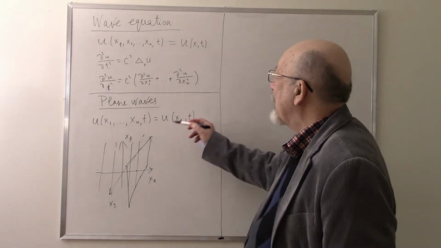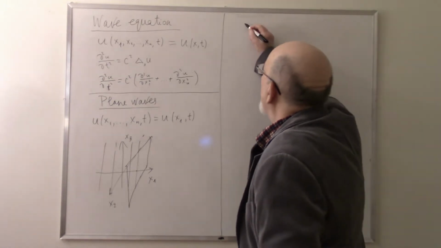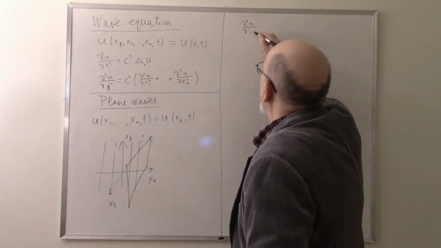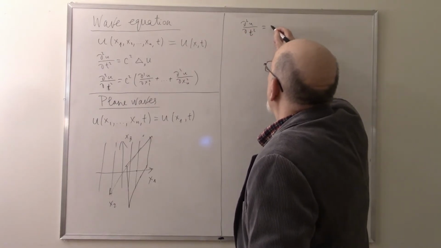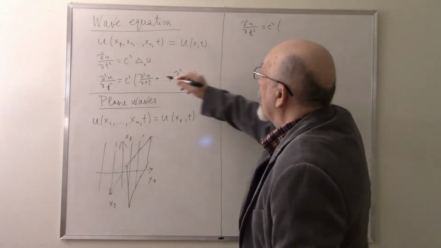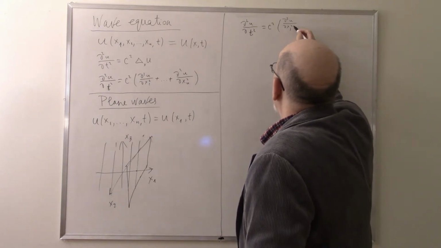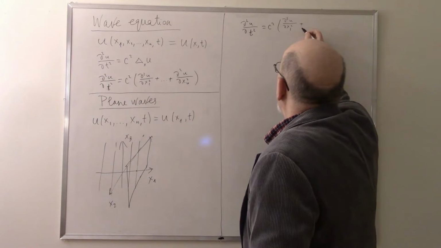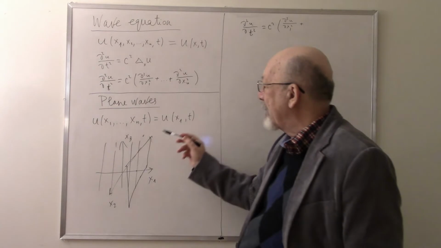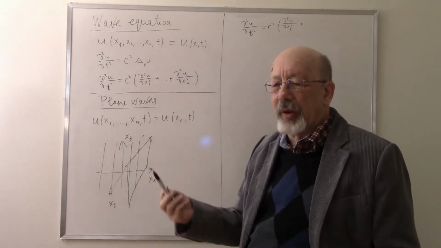Now if you substitute this into the equation, you have d2u dt square equal c square d2u dx1 square, and all other derivatives are zero because u depends only on x1, so it is constant in the direction of x2, x3, and so on.